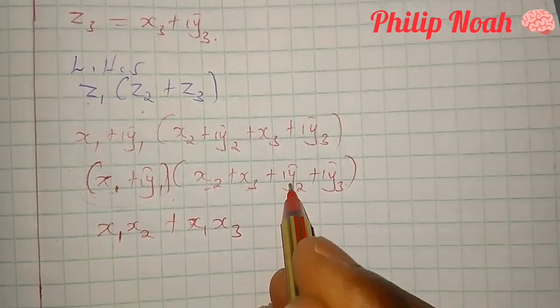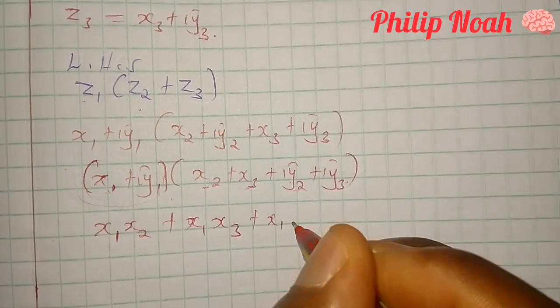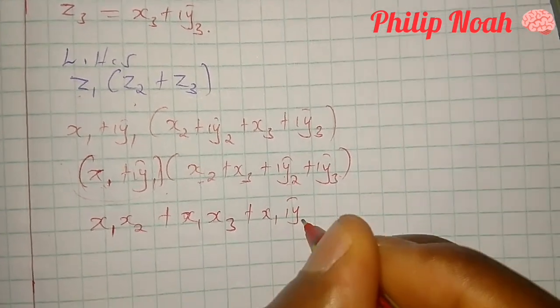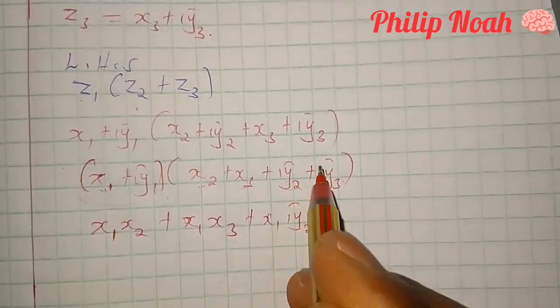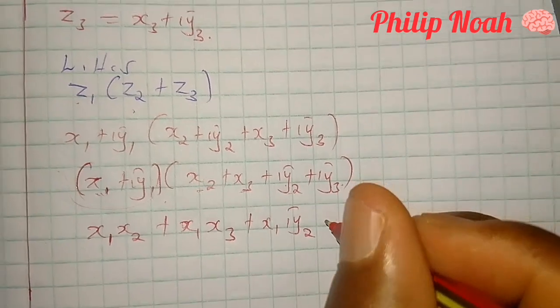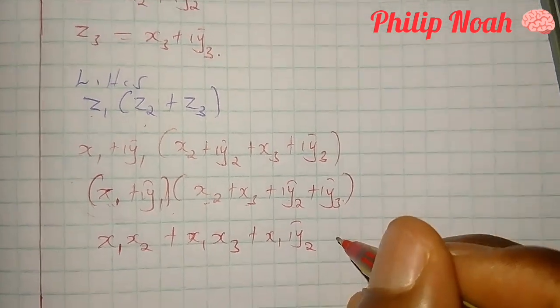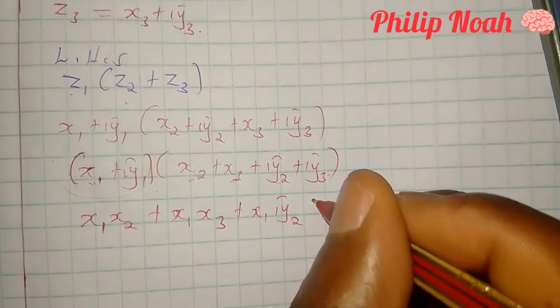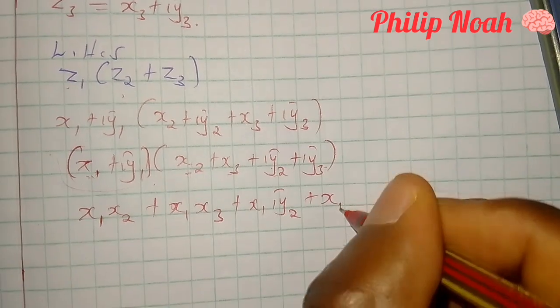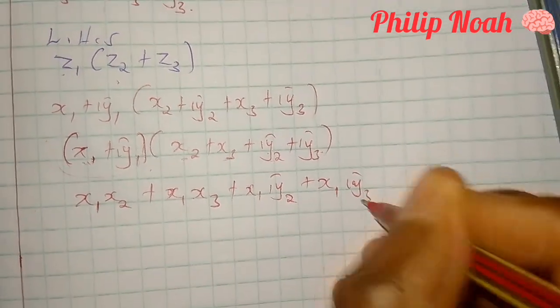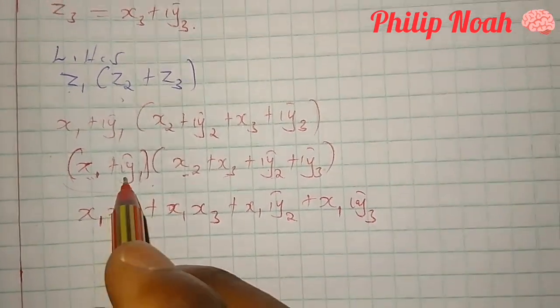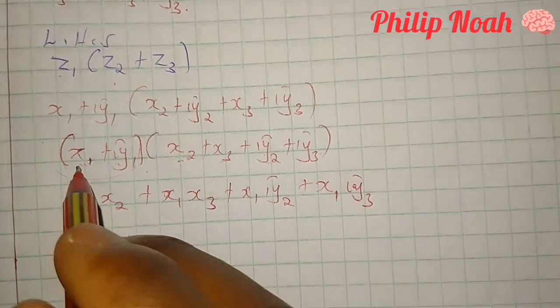We take x1, we multiply by iy2, it is x1 iy2. We take x1, we multiply by this, it is plus x1 iy3.